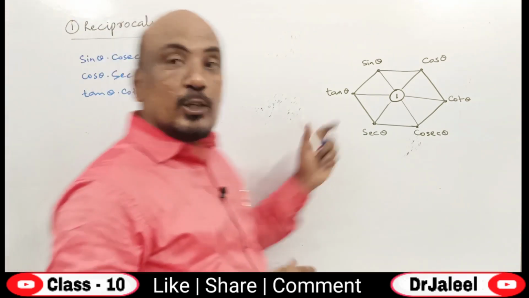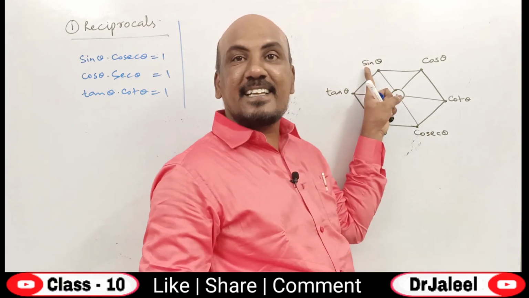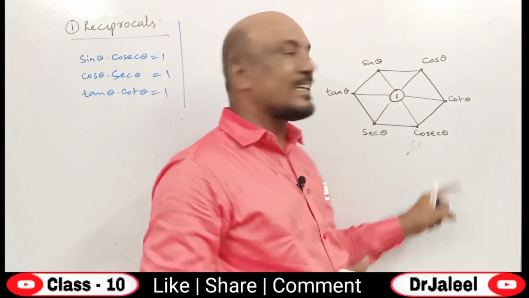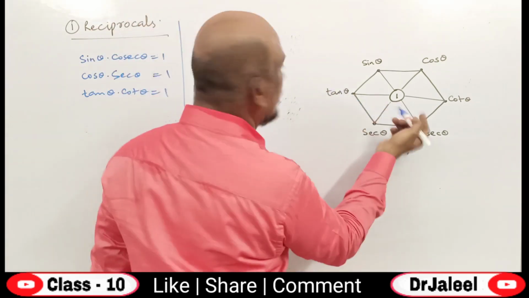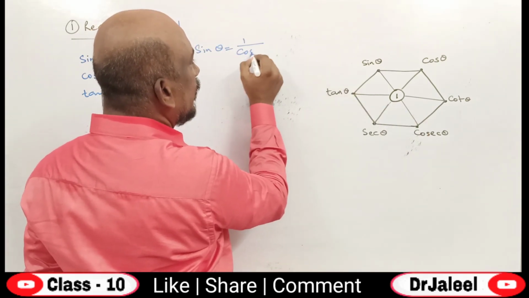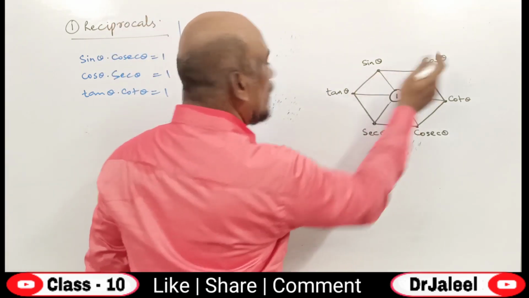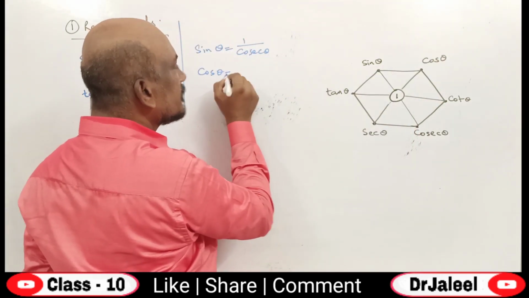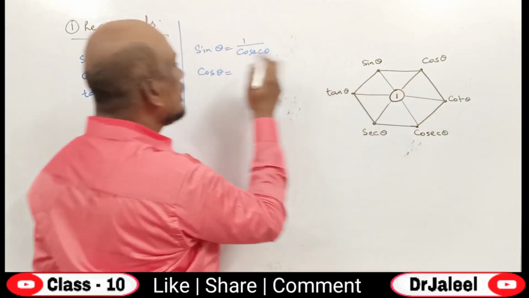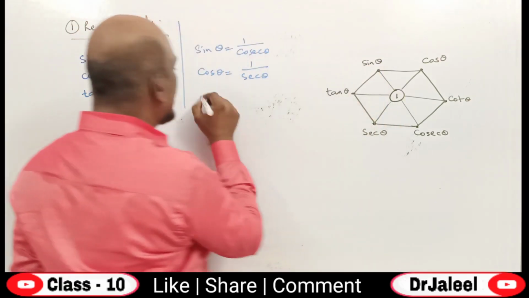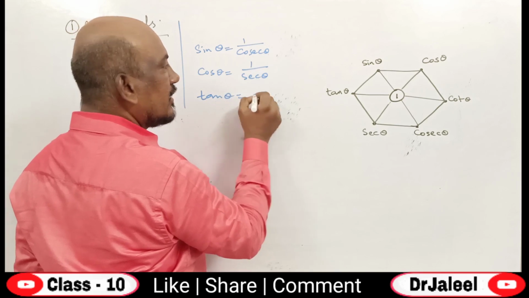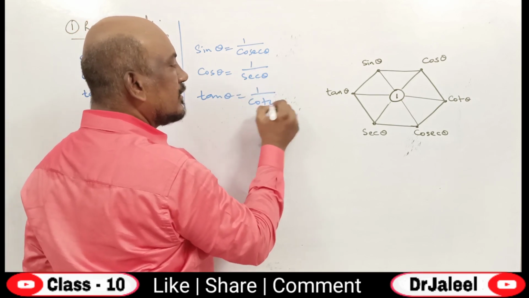And children, you can also write it as sin theta is equal to 1 by cosec theta. The meaning is the same, but you can write as per the need. Same way, cos theta is equal to 1 by sec theta, and tan theta can be written as 1 by cot theta.